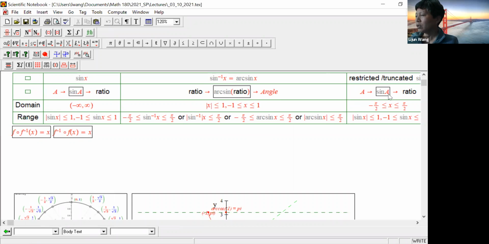If I call f the function we call arcsine, f inverse is the function we call sine.